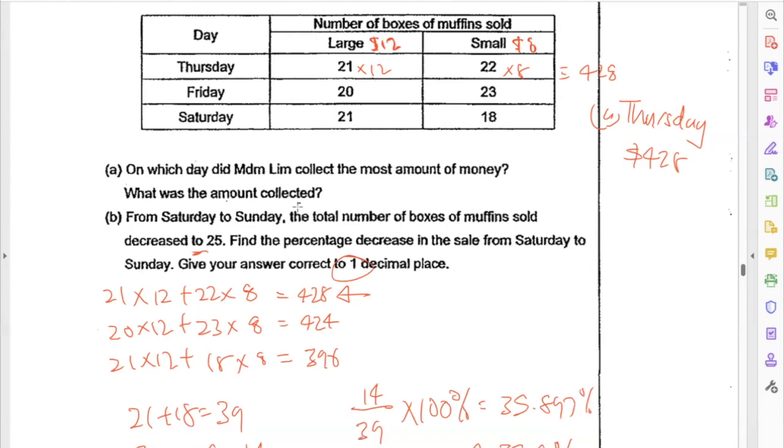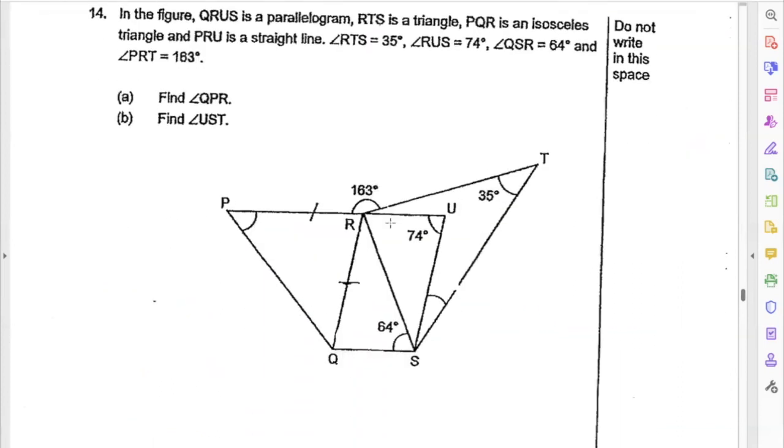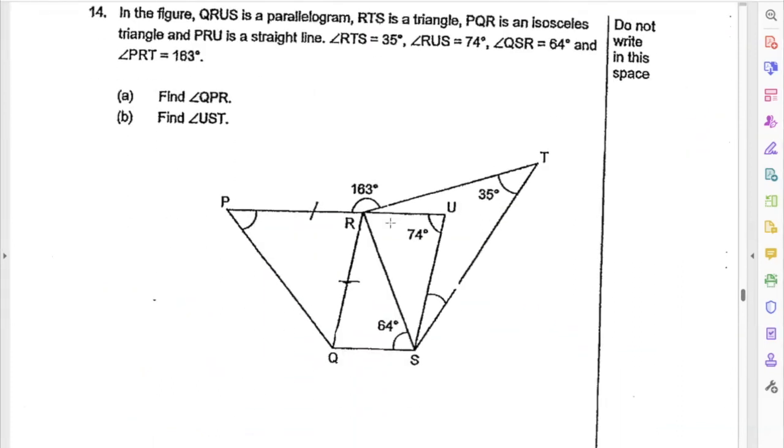Okay, let's continue with question number 14. In the figure, QRUS is a parallelogram, RTS is a triangle, PQR is an isosceles triangle, and PRU is a straight line.